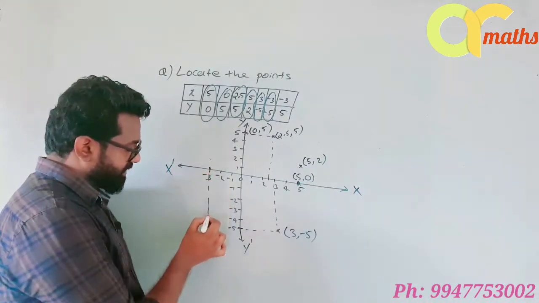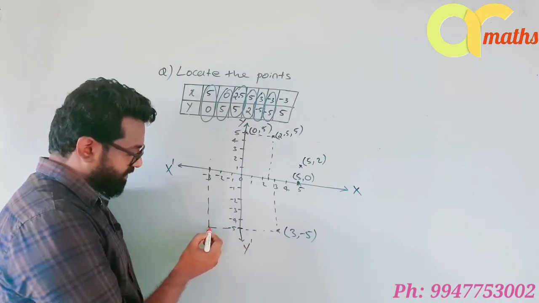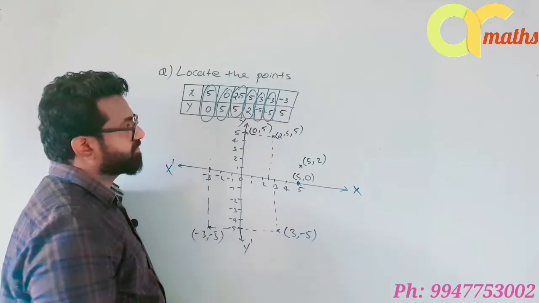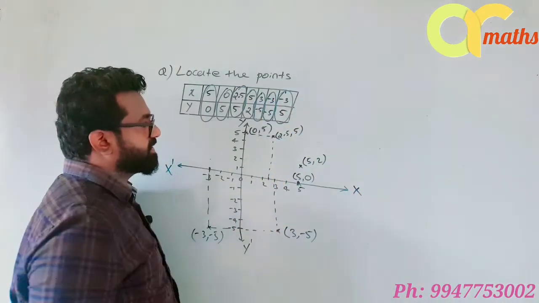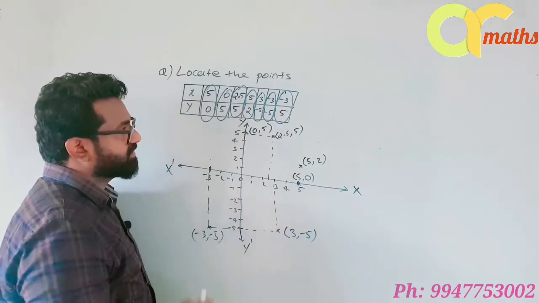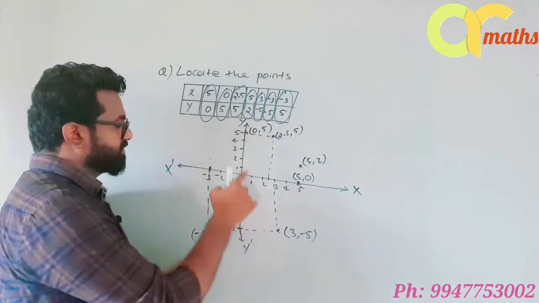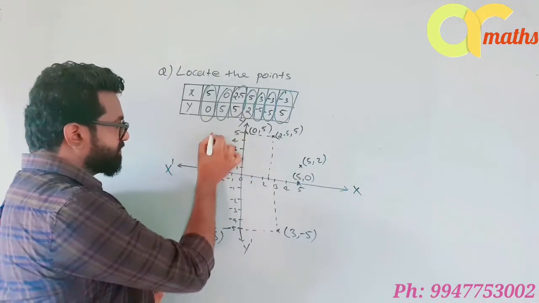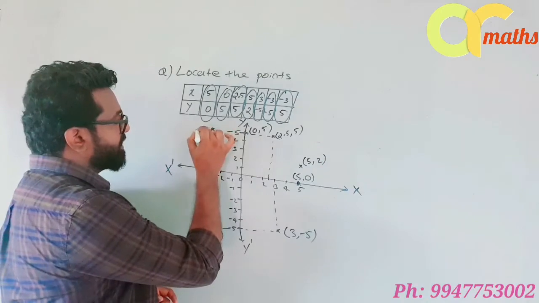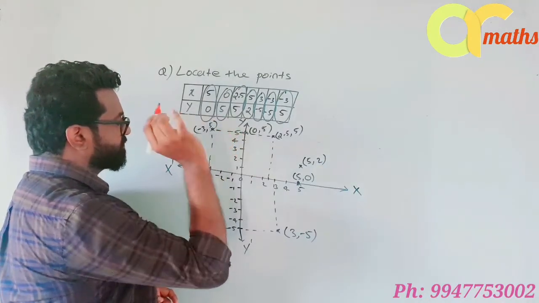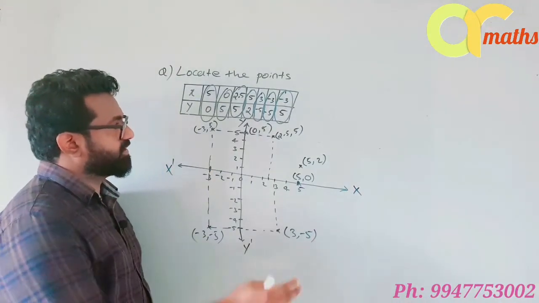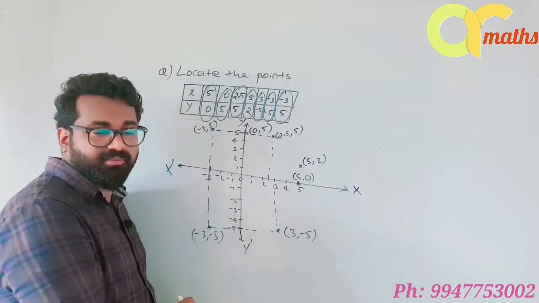This point minus 3 comma minus 5. Last point, minus 3 comma 5. On x axis minus 3, on y axis 5. So this combination here is minus 3 comma 5. Clear? This is locating the points on a Cartesian plane.